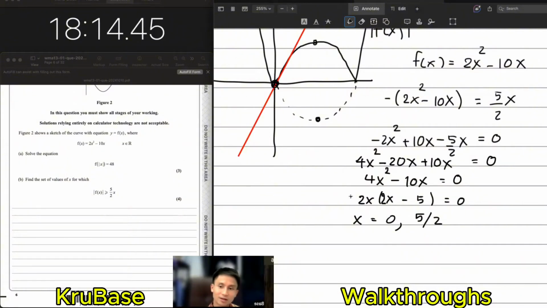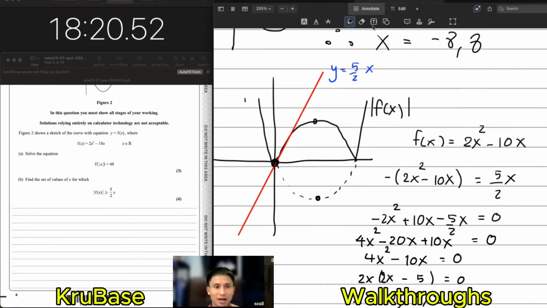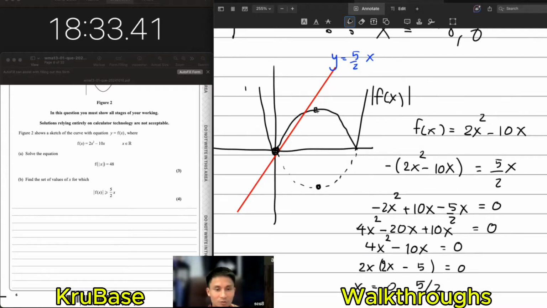All right. But yeah, okay, so 0 to 5 over 2, right? So let's make the line a little bit more obvious. So maybe let's make it like that. Okay, and we can see that 5 over 2 may be, wait, actually, let's find where the maximum is, right? Because we can do that.